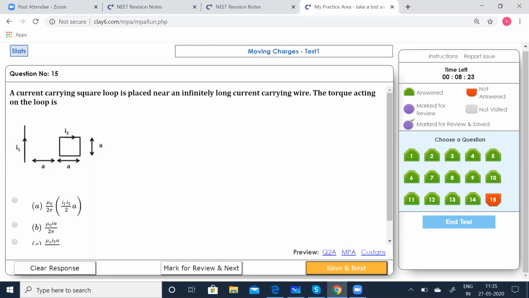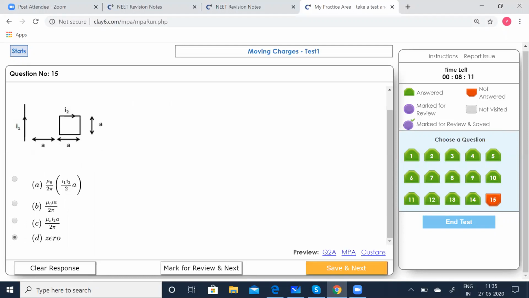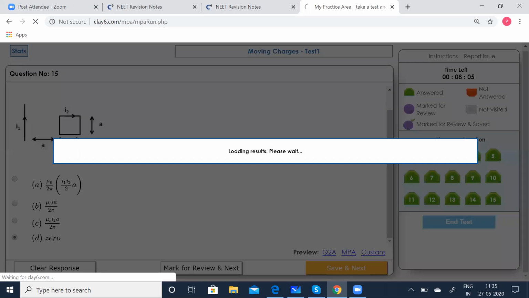Again you can see they are not equal, they are not uniform, so there is no net torque resulting. So you can put it as 0. Save that. Now we have completed all the questions. Now you can end the test. Go to the results.